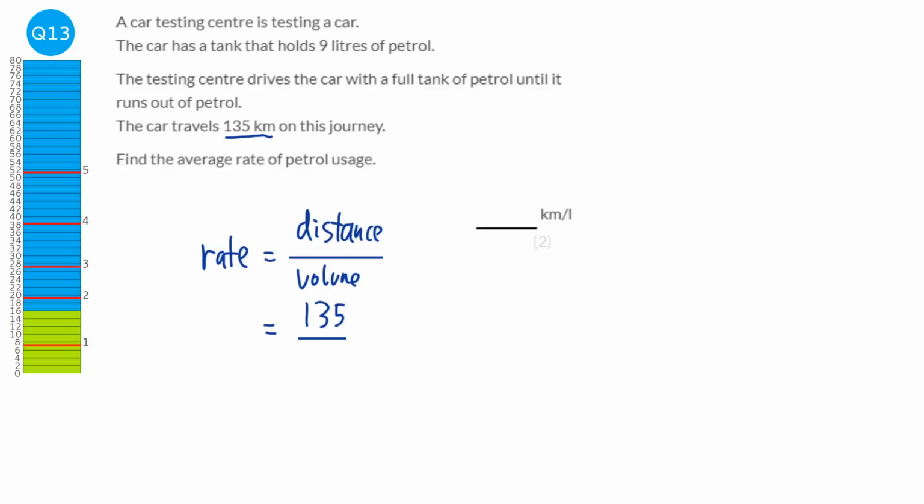The volume of the fuel used was 9 litres. We do 135 divided by 9, which is 15. So it's 15, and this was in kilometers, and this was in litres. So it's going to be 15 kilometers per litre.